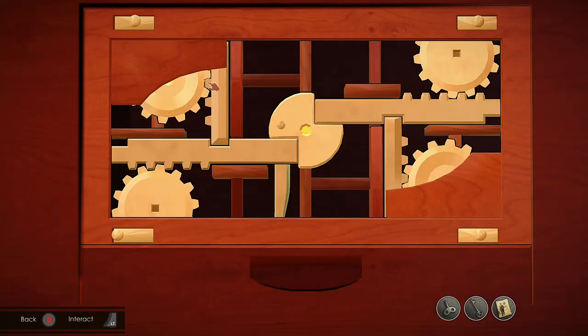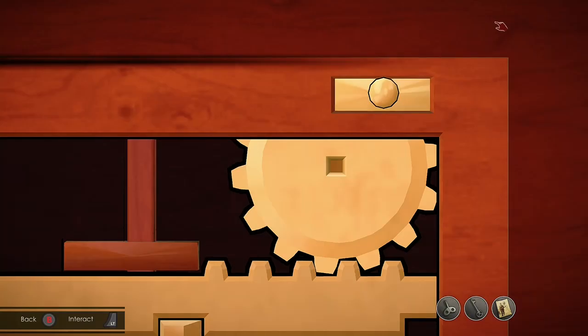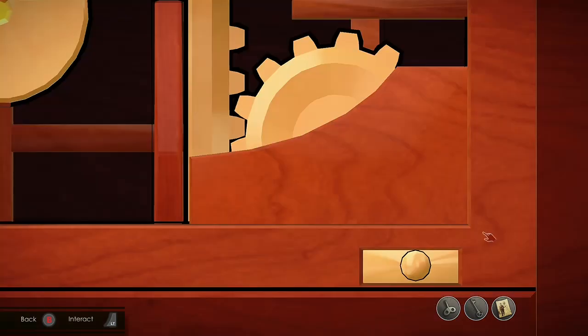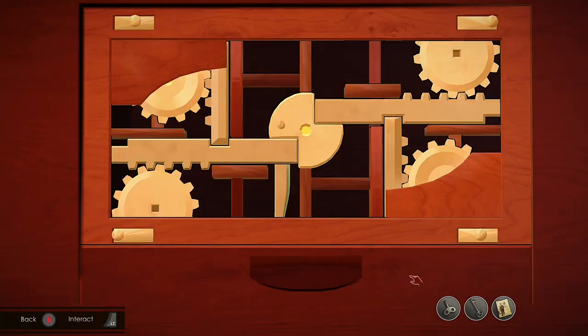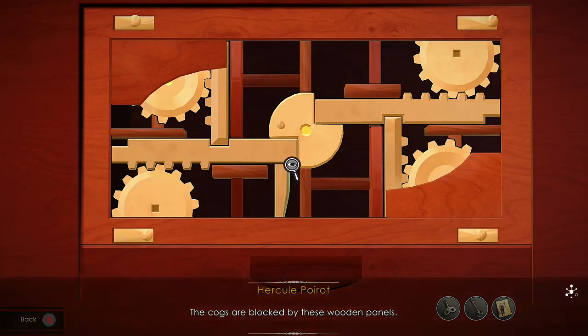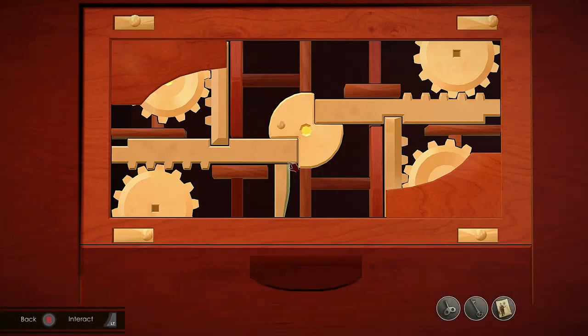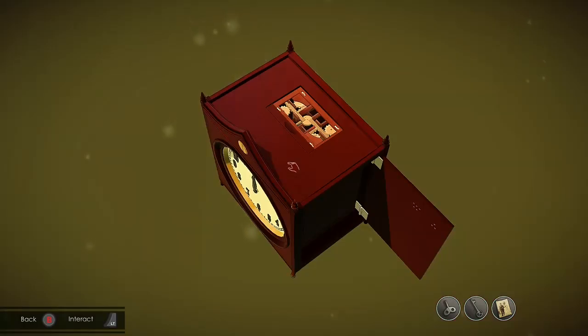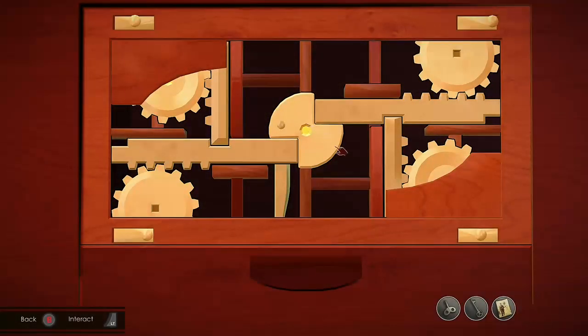1, 2, 3. 1, 1, 2. 1, 2. The cogs are blocked. Okay.